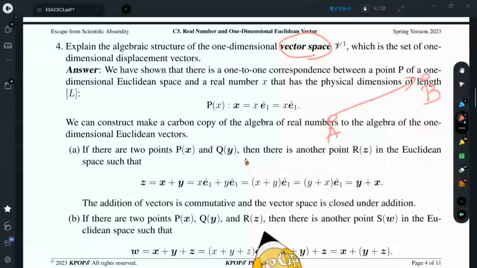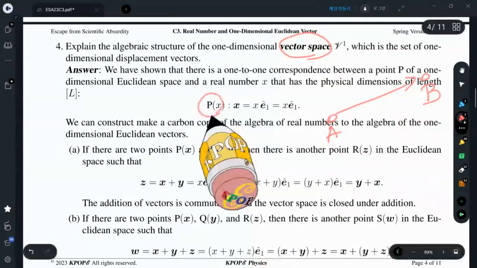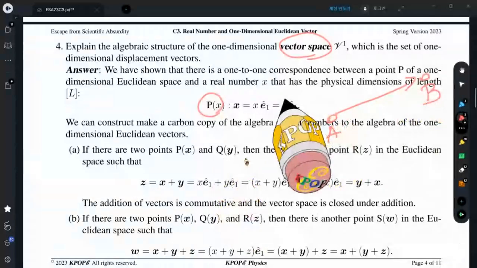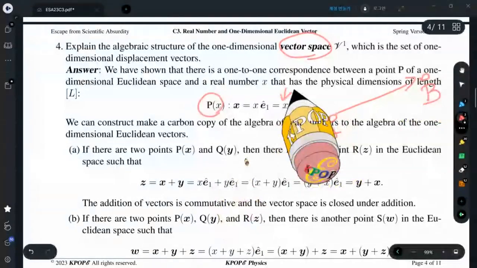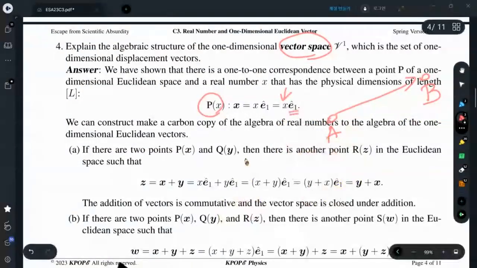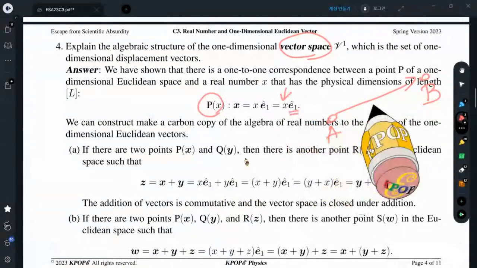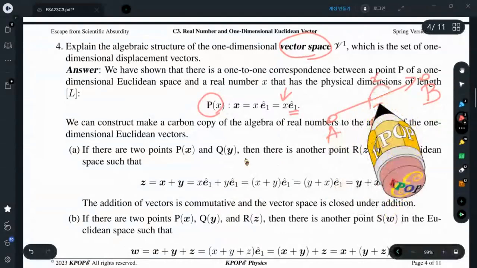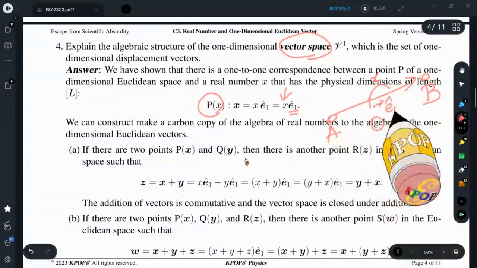But right now, we are interested in one-dimensional Euclidean space along a straight line. Any point on a straight line can be represented by a real number with the dimensions of length along the unit vector. So we have an origin, x, and a unit vector along that direction.